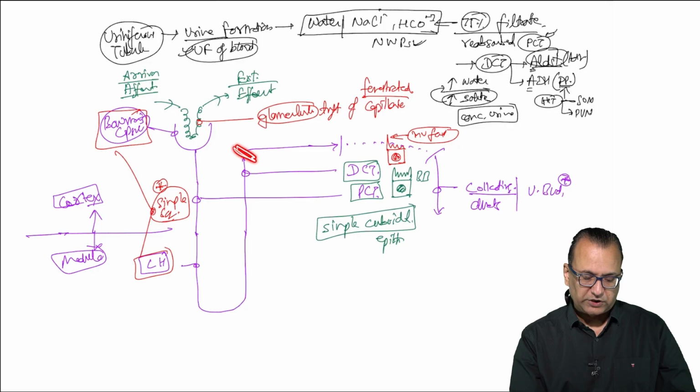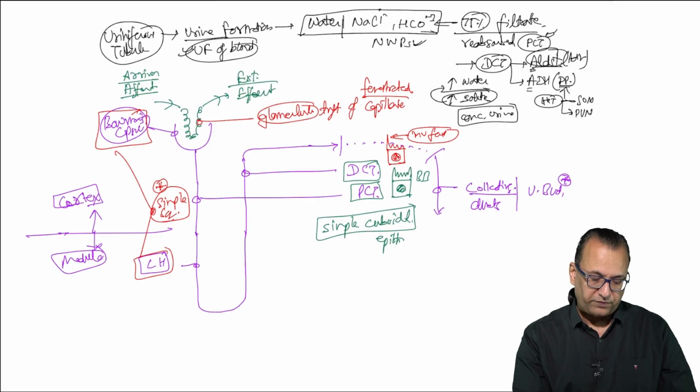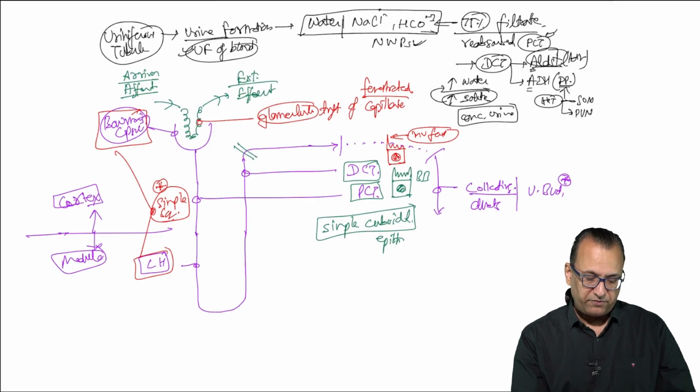There will be a juxtaglomerular apparatus also. You will find it at this level, where the loop of Henle has a thick ascending limb, which is lined by low cuboidal cells.